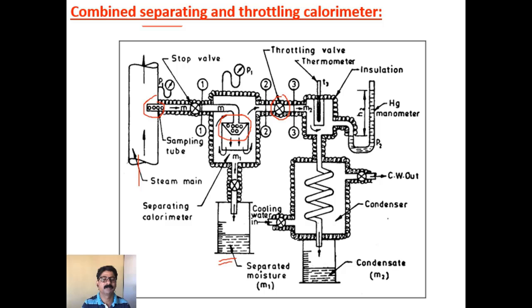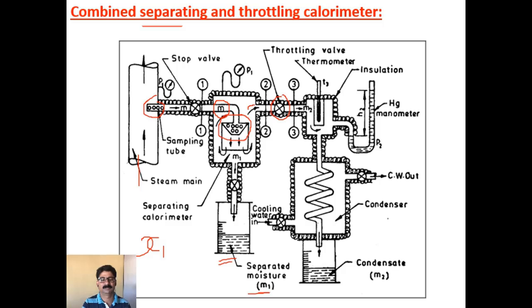Here the dryness fraction measured using this separating calorimeter is the mass of steam going here, that is M2, divided by M1 plus M2, the total mass of steam. M is what enters the separating part. M1 is separated as water particles and collected at the bottom, and M2 is the steam entering the throttling calorimeter. So total steam M is equal to M1 plus M2, and M2 divided by M1 plus M2 is the dryness fraction X1 calculated using the separating calorimeter.